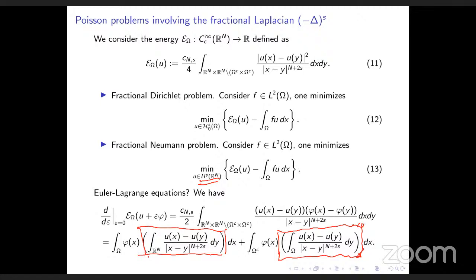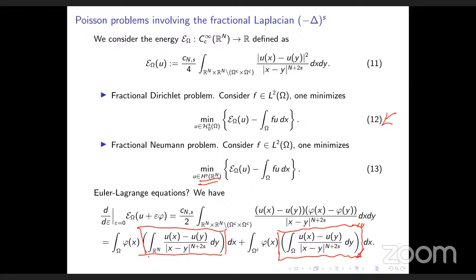And this says that, at least if I look at the minimizers for the Dirichlet problem, I minimize and phi is a C-infinity function in omega, which means this term is 0.